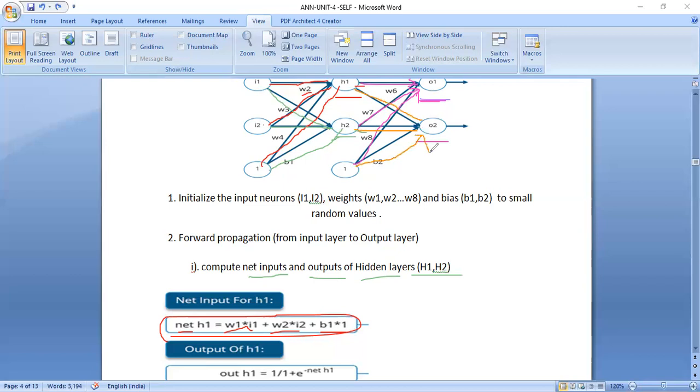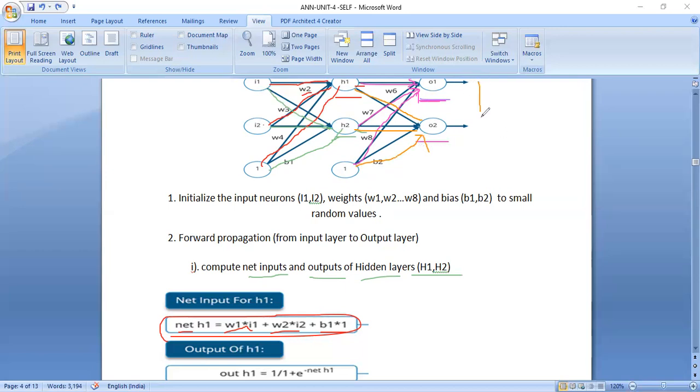These are the net input of O2. After calculating O1 and O2, then output of O1 is 1 by 1 plus e to the power of minus net input of O1. At this place, 1 by 1 plus e to the power of minus net input of O2. These two are the outputs of O1 and O2.